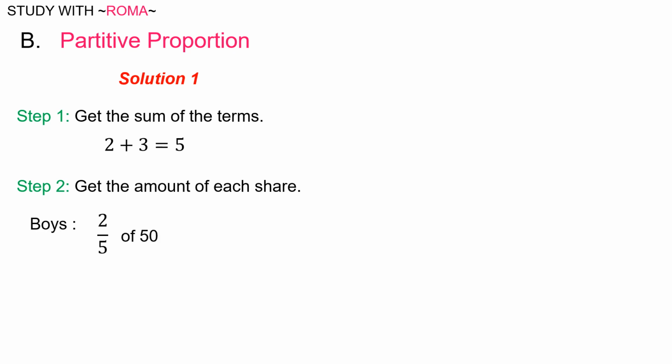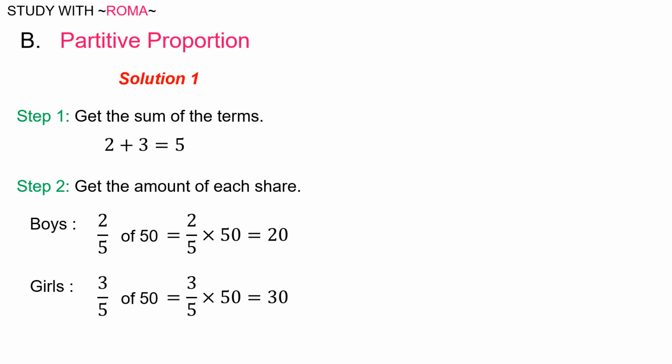Number of boys is 2/5 of 50. The sum of terms will be the denominator. So this is equal to 2/5 times 50, which is 20. And for the number of girls, 3/5 of 50, which is 30.